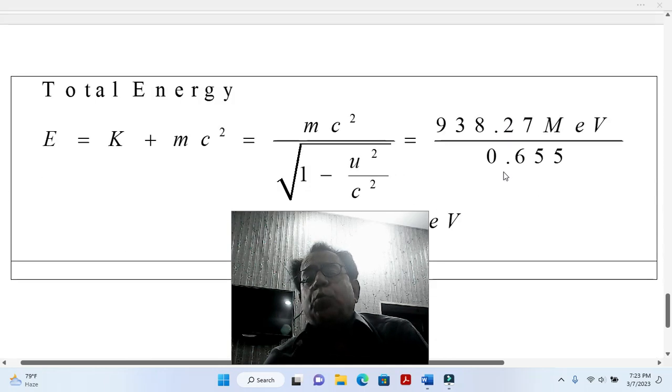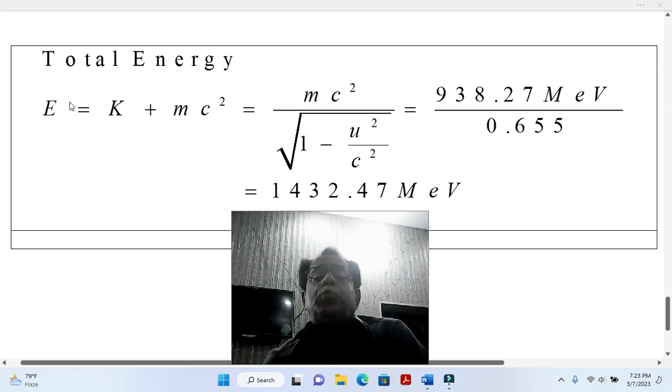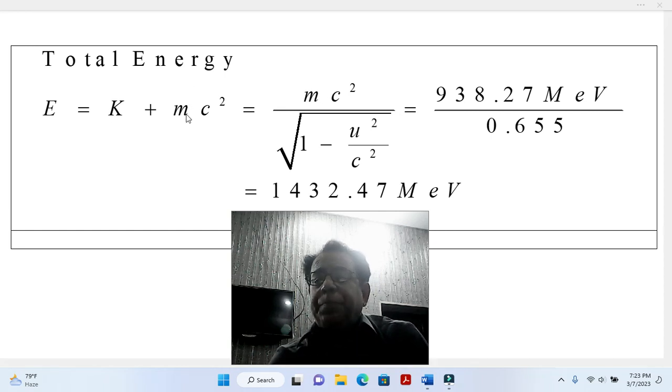Now we come to total energy. Dear students, this total energy expression is also given in the toolkit and shown in detail there. Total energy E is equal to K plus mc square. This alternatively becomes equal to mc square over under root 1 minus u square over c square, and here in place of mc square we have taken the value as per the table, 938.27 million electron volt.